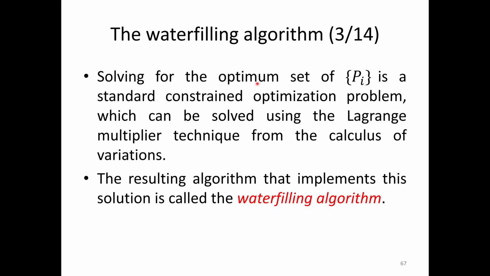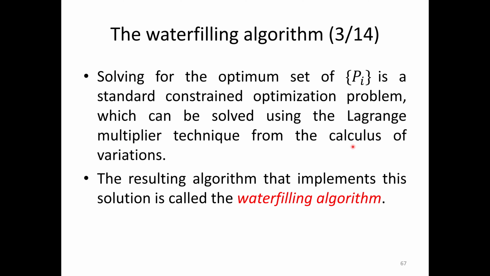Solving for the optimum set of Pi is a standard constrained optimization problem, which can be solved using the Lagrange multiplier technique from the calculus of variations. I think you have learned what the Lagrange multiplier is when you took the course calculus.